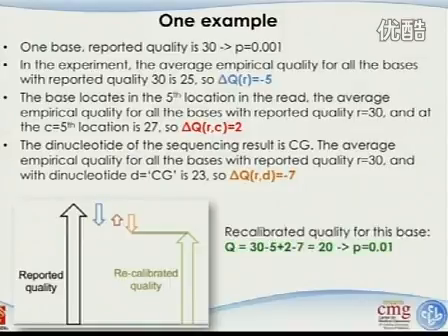Then eventually the recalibrated quality, adding everything together, becomes 20. So we start from 30, the reported quality, and the recalibrated quality is 20. That means the p-value went from 0.001 to 0.01, which is a 10 times difference.